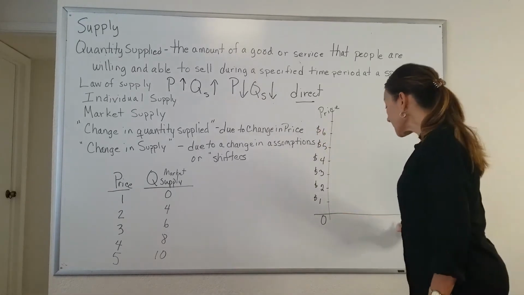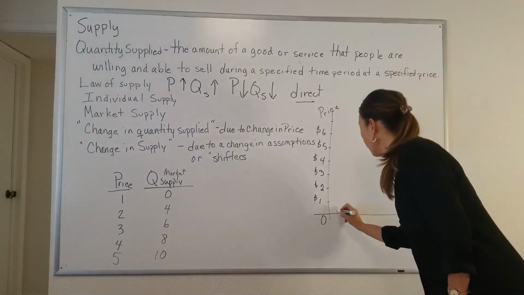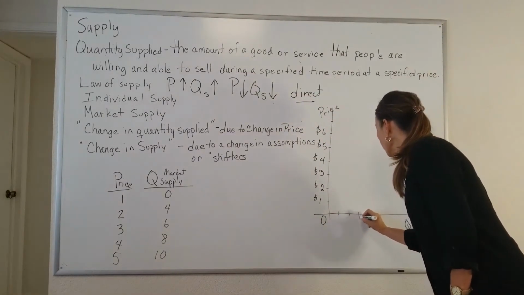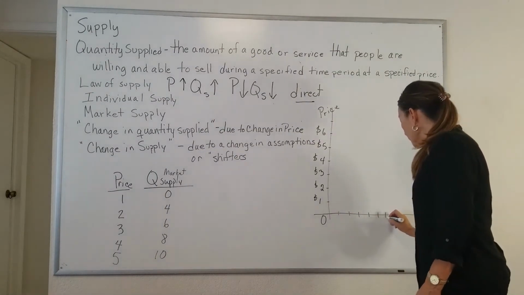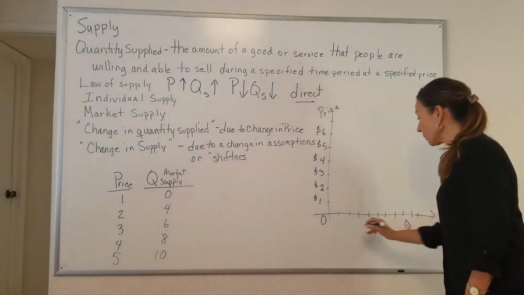And then on the x-axis, we're going to put the number of ice cream cones. So we go 1, 2, 3, 4, 5, 6, 7, 8, 9, 10, and so on.